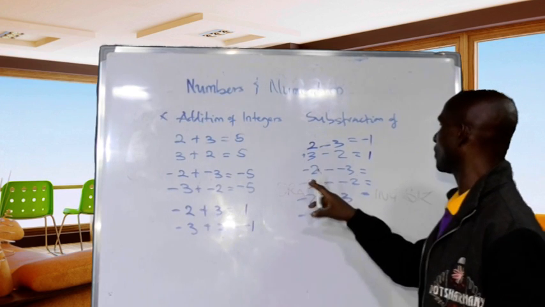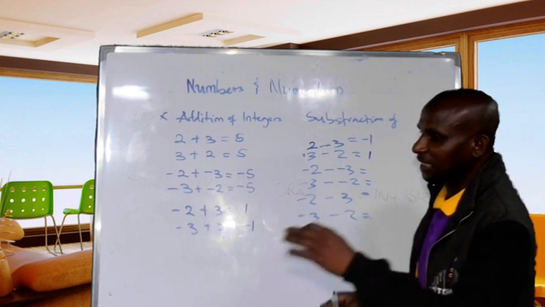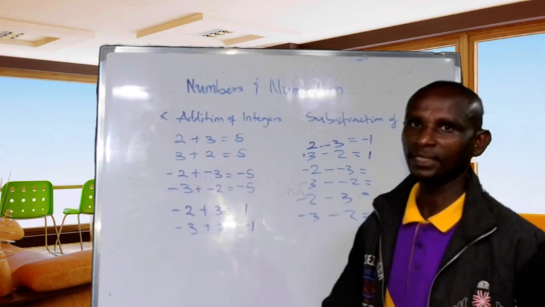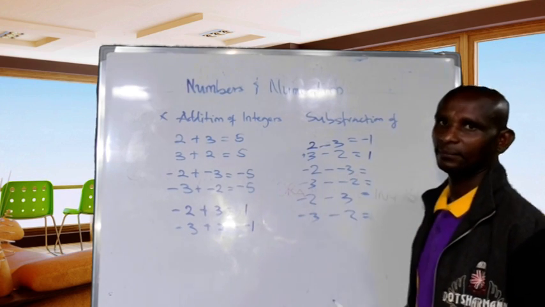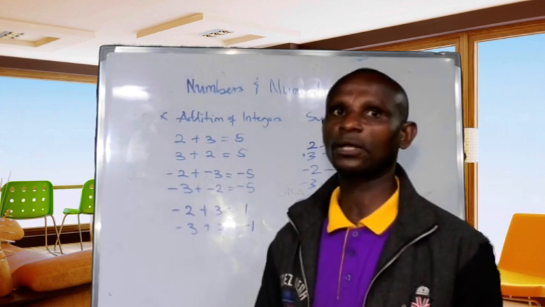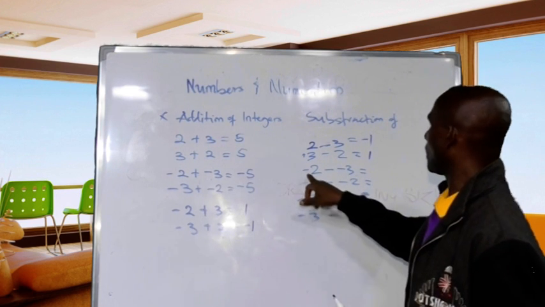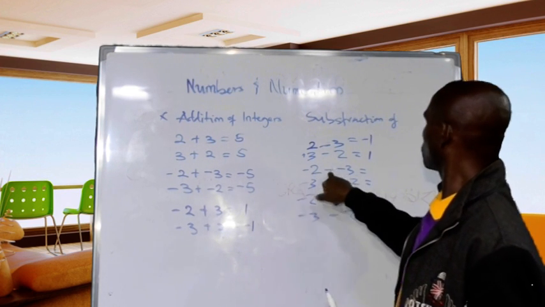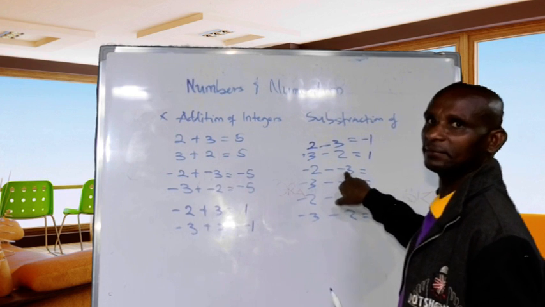Now, in the next case, we are using a small negative subtracting a bigger negative. Please pay attention. It's very confusing. You are using a small negative to subtract a bigger negative.